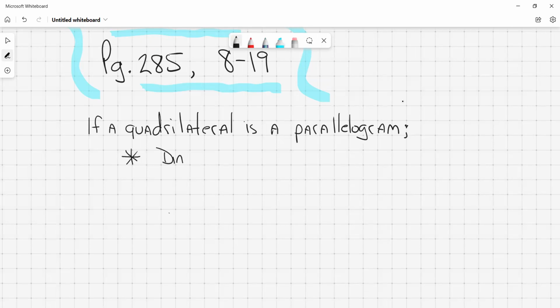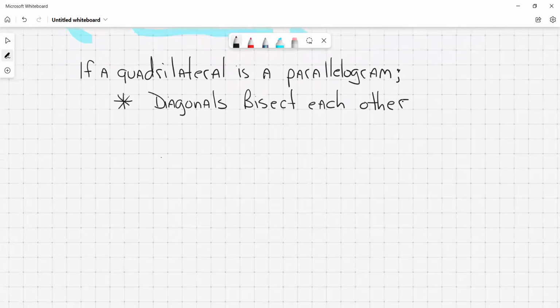Diagonals bisect each other. Diagonals bisect each other. And what that would look like in picture form.